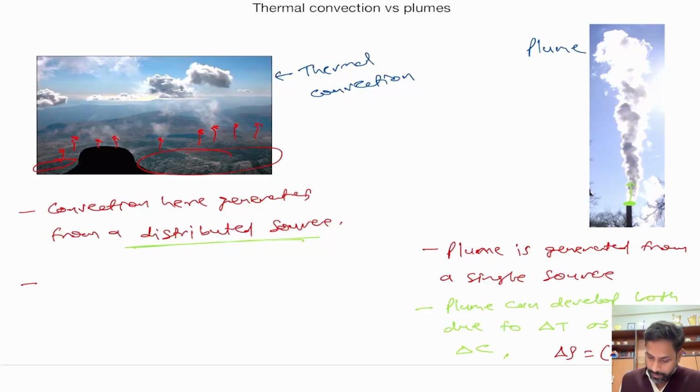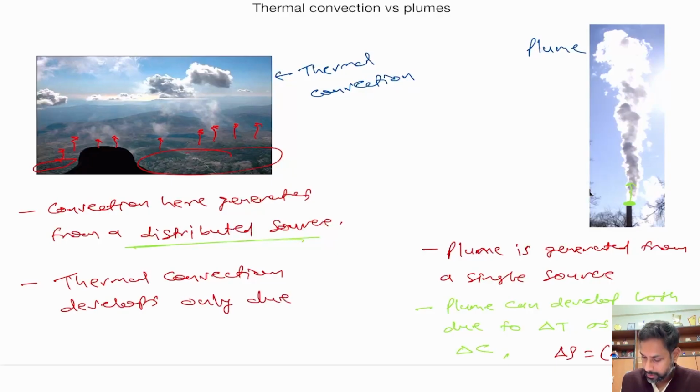Okay, so thermal convection develops only due to delta T, right? That is the difference in temperature, right? So, and that is why we are studying these two topics separately. And now if you think about plume again, because it's rising from one single point like this, we considered how there is entrainment happening from sides, right?